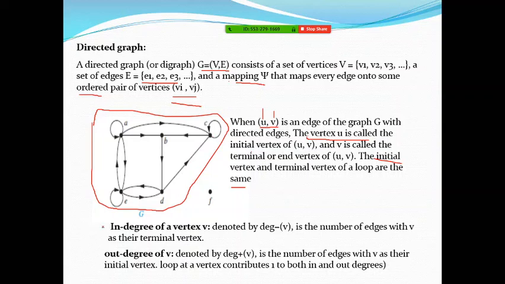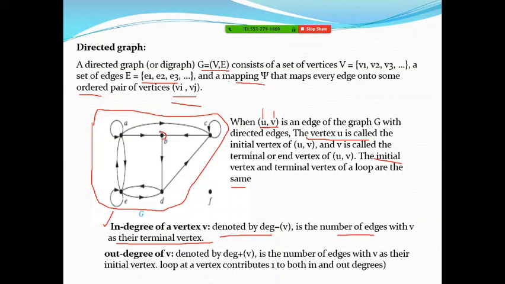Just like in an undirected graph there was the term degree of a vertex, now the term is in degree of a vertex. In degree of a vertex means the number of edges with V as the terminal vertex, so the edges entering a vertex.